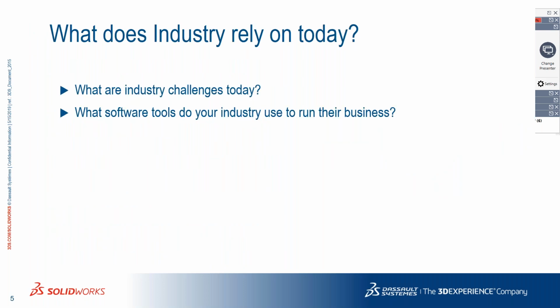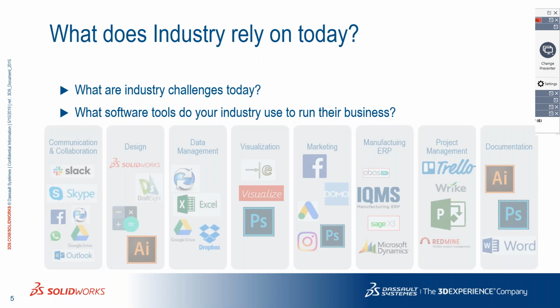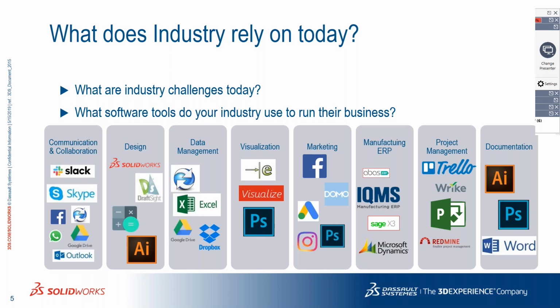Okay, so let me jump into another area wherein let us see what the industry relies on today. Industry has a lot of challenges, and there are a lot of software tools that industry uses to address those challenges and run their business. So here is a set of tools. For communication and collaboration, people use tools like Slack, Skype, data management software, Google Drive, WhatsApp, Outlook, and so on.